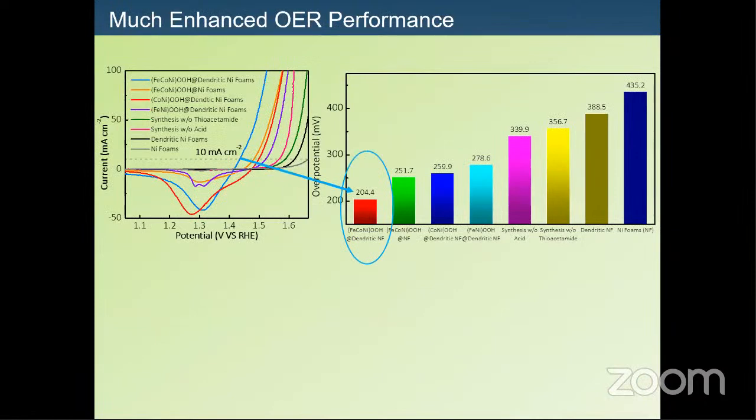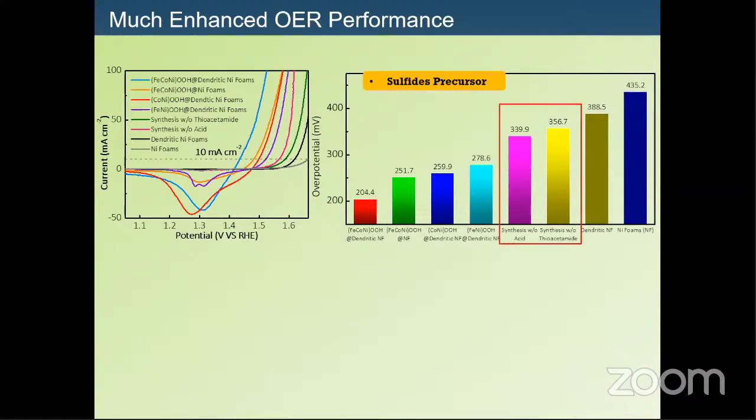Then we carry out OER tests over a series of samples. Apparently, the incremental oxyhydroxides grown on the dendritic nickel form offer the best OER performance, showing the lowest overpotential. Here, we also synthesize 2 samples without adding sulfuric acid and thioacetamide, the 2 key reagents for successful sulfurization.